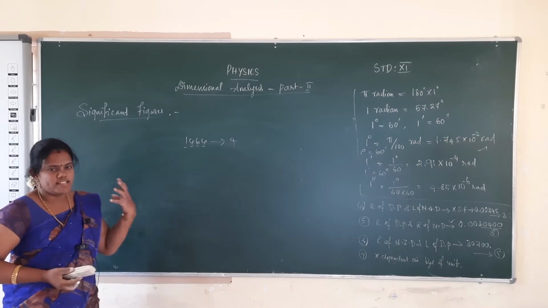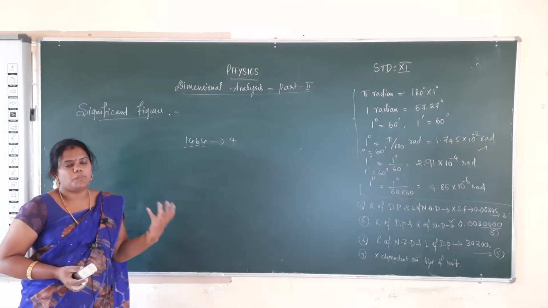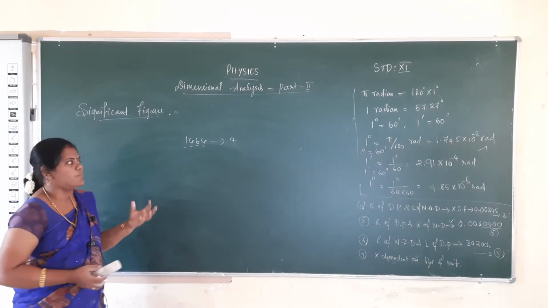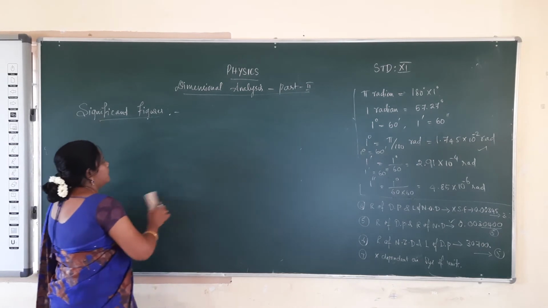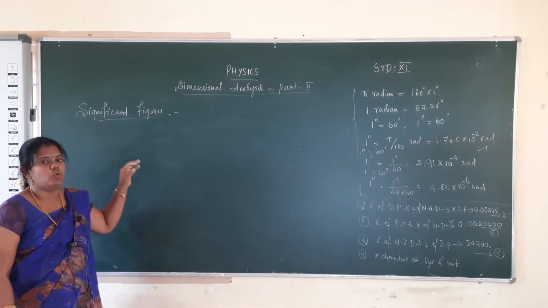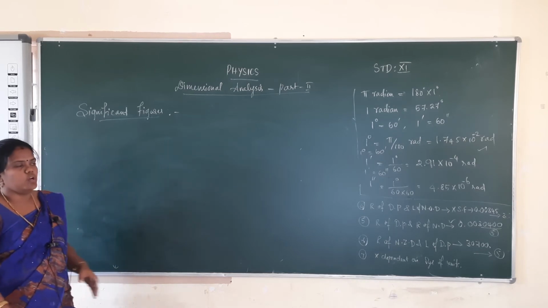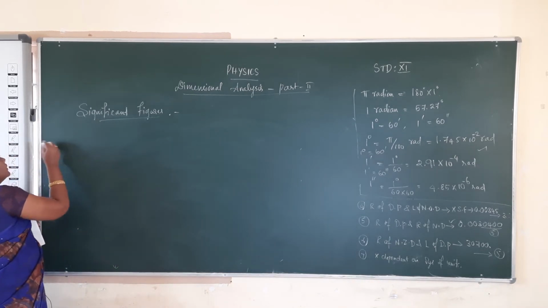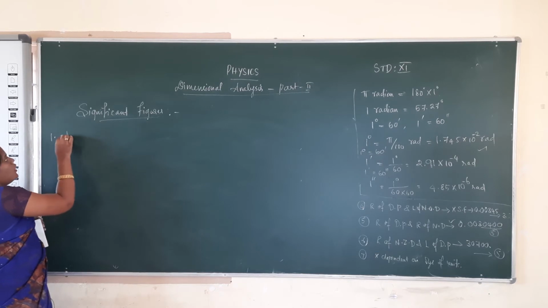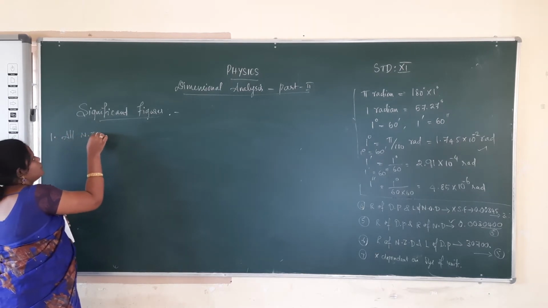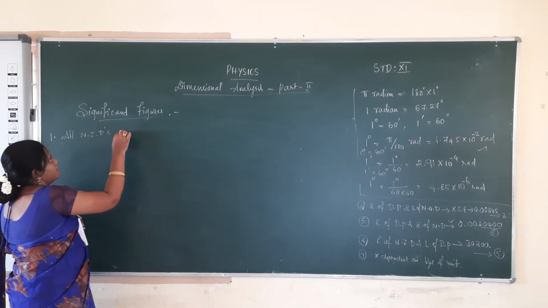Okay, there are some rules that explain the significant figures in a number. I will tell them one by one. You have to take a note and write down all the points. So first one, all non-zero digits are significant figures.